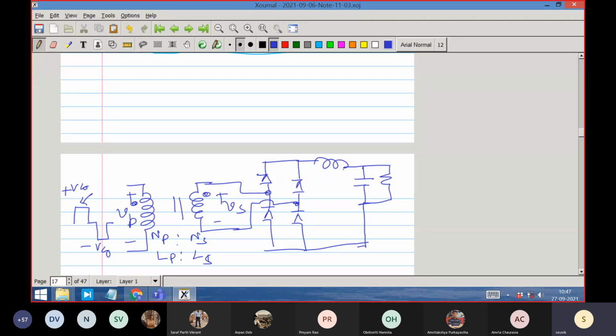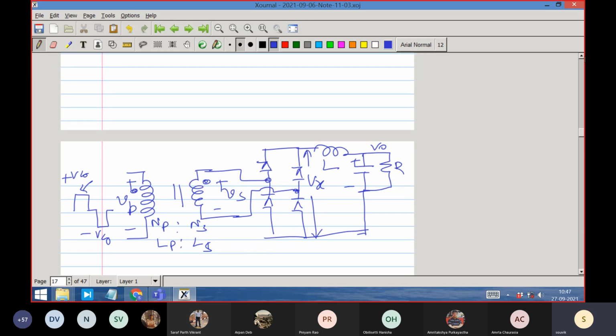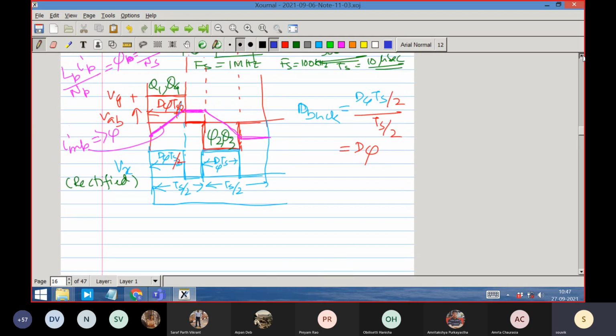So this is plus minus V0, this is R, this is L, and this voltage I am calling Vx. This is the rectified voltage I am calling Vx. The rectified voltage is nothing but a scaled version of this VG0; if you want to relate it correctly, then you put a number of turns factor into it.